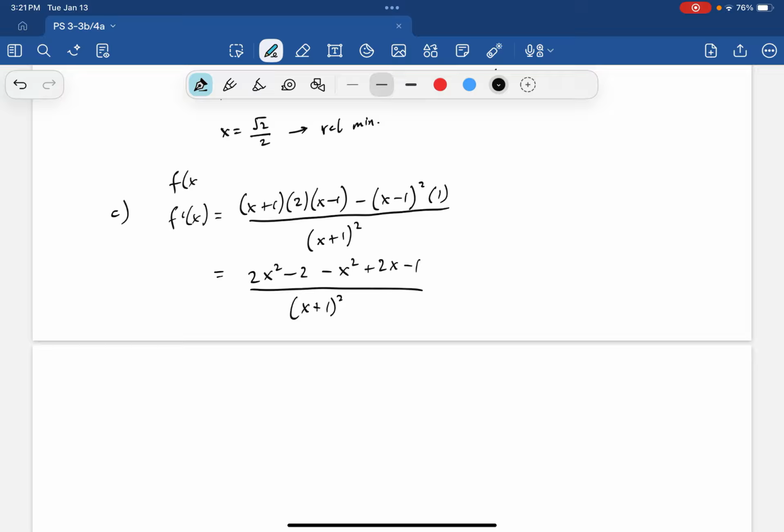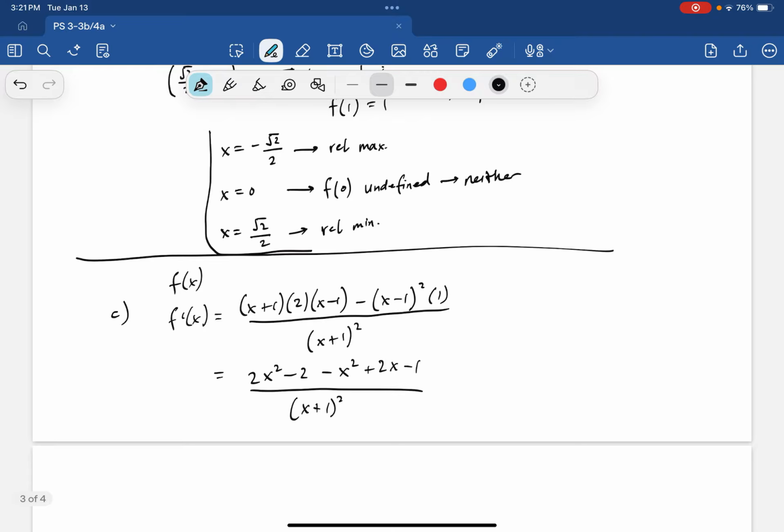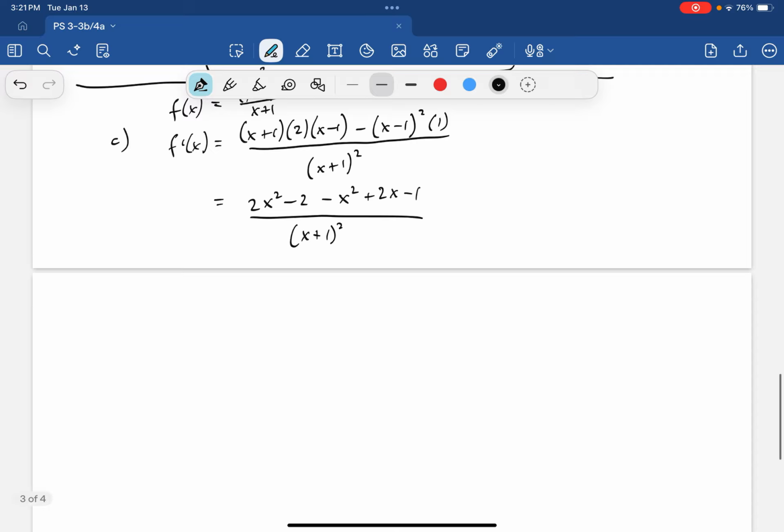We write the original equation. It's going to be simplified as x squared plus 2x minus 3. Which we can factor: x plus 3 times x minus 1 over x plus 1 squared.